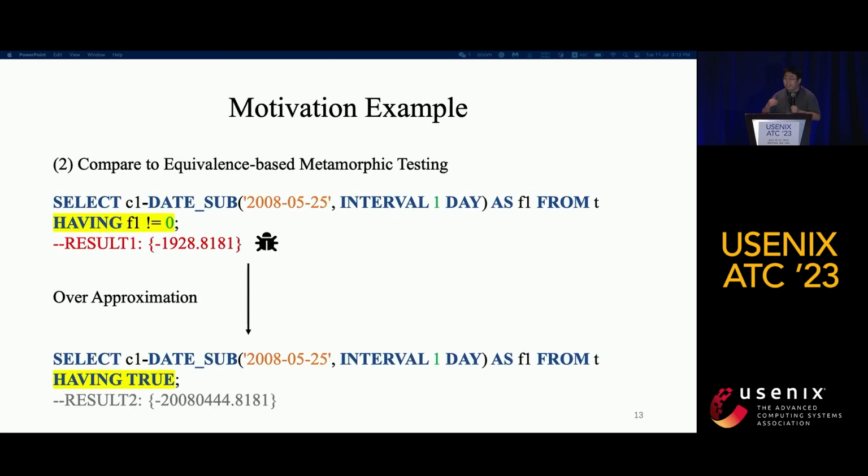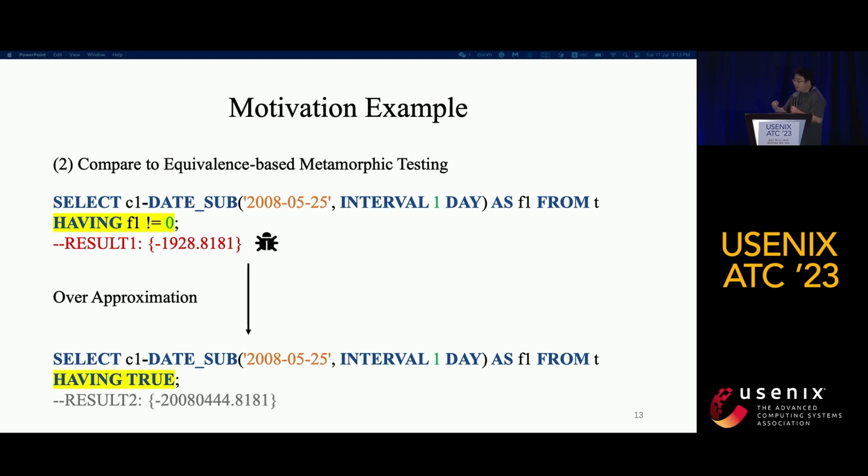So based on this key insight, let me illustrate our ideas with this example again. In this case, we need to select some data from this table, T. And the having clause is just this predicate, y is not equal to 0. If we want to over-approximate the semantics of the SQL query, what we need to do is try to weaken the selection condition.